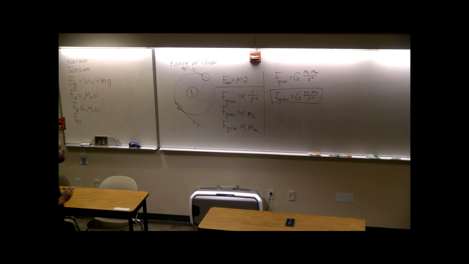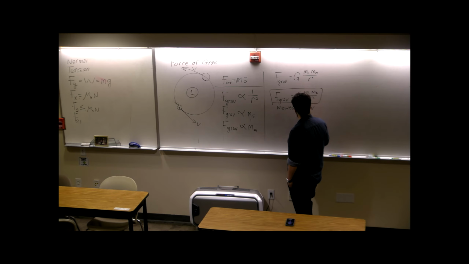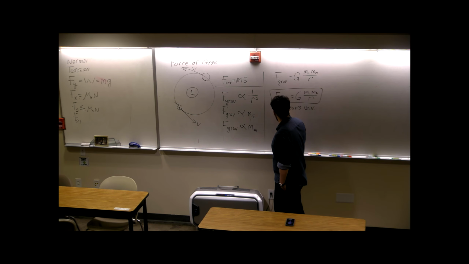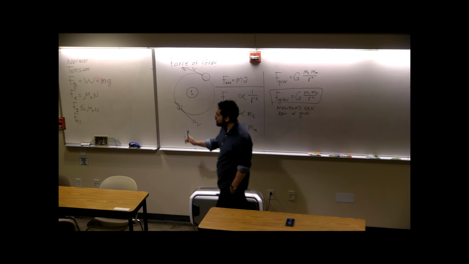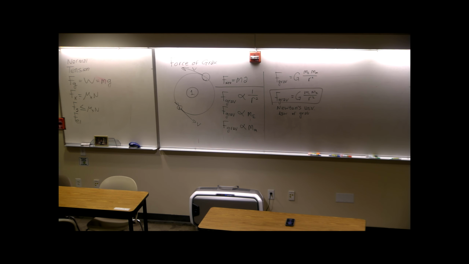And this relationship becomes Newton's universal law of gravitation. Unlike our other equation for the force of gravity, the weight, mg, this works everywhere. It's universal. It works anywhere in the known universe, we might say.